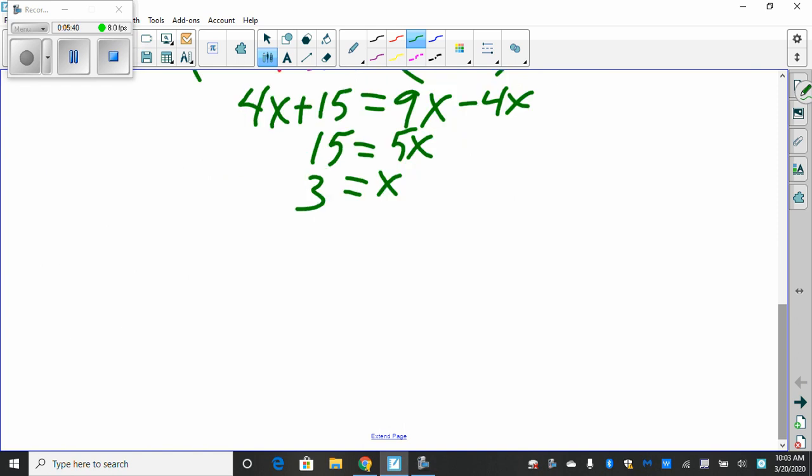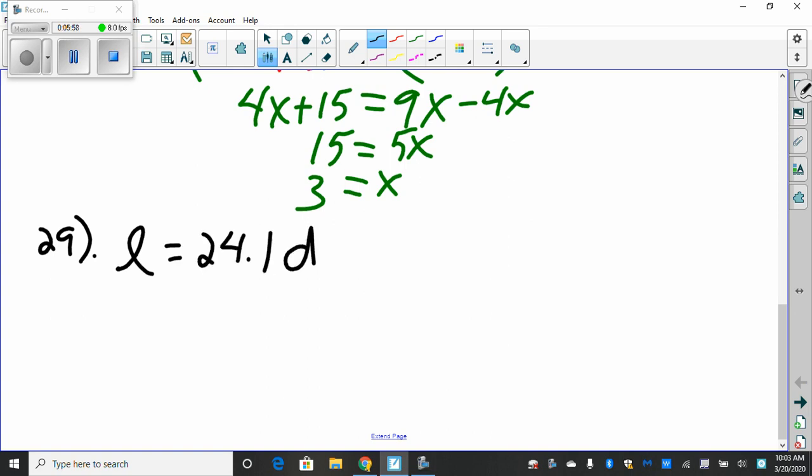And last but not least, that word problem there, it talks about the antler length and the bone in millimeters. But the bottom line is on number 29, they just give you that equation, L equals 24.1 D to the 2/3 power.